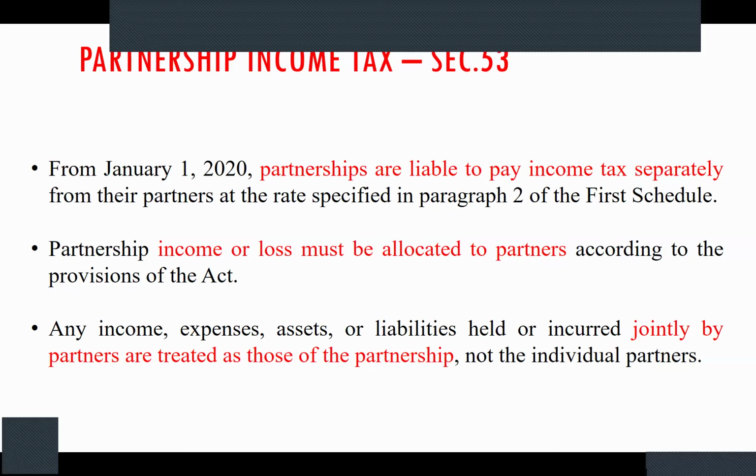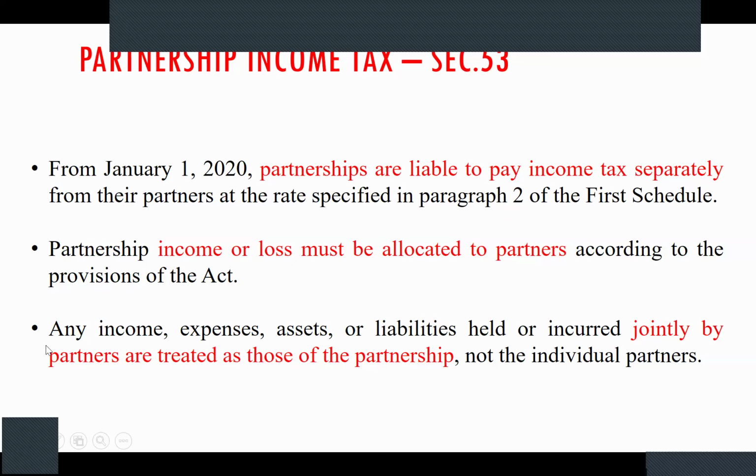So if the partnership's taxable income exceeds 1 million, then only they are liable to pay taxes, because up to 1 million taxable income the applicable tax rate is 0, as I explained last time also. For the balance part it is 6%. I will explain it later again. Then they have to pay taxes calculated according to those tax rates.